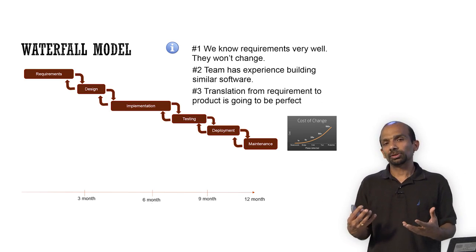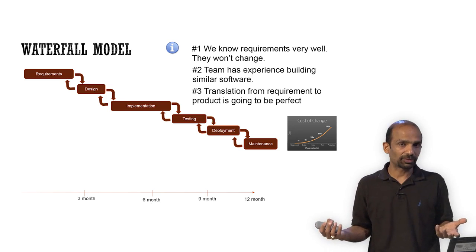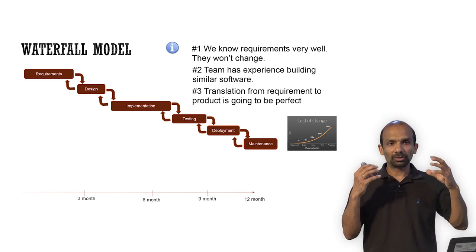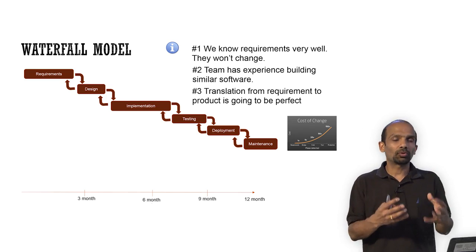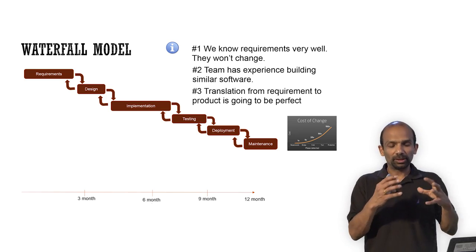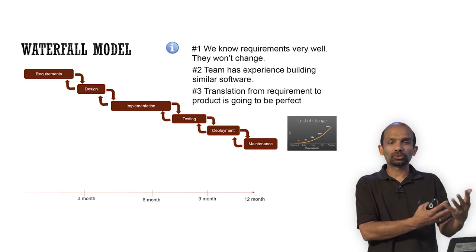The third assumption is that the translation from the requirement to the product is going to be perfect, which means that the designers and the people who are coding understood the requirements really well. When the designers or the architects are designing the system, did they really understand what the user wanted?